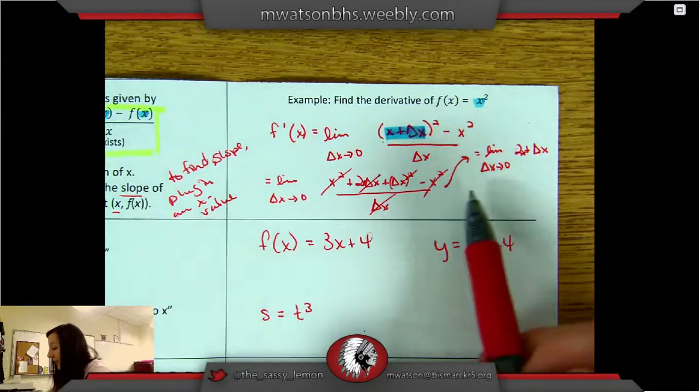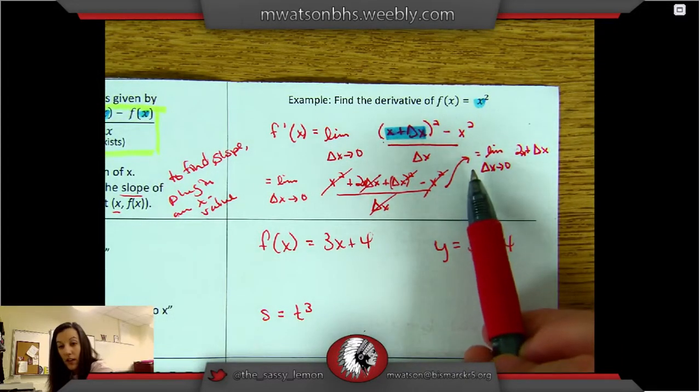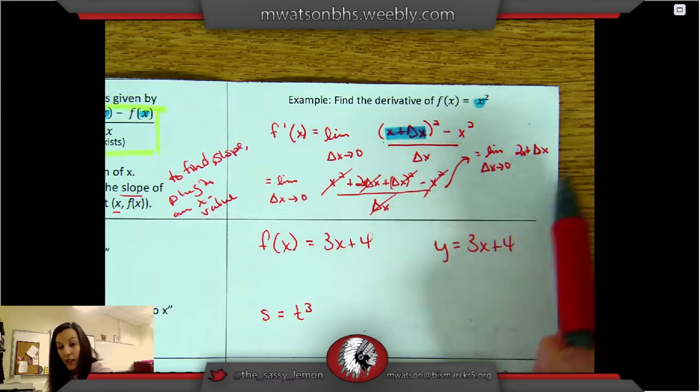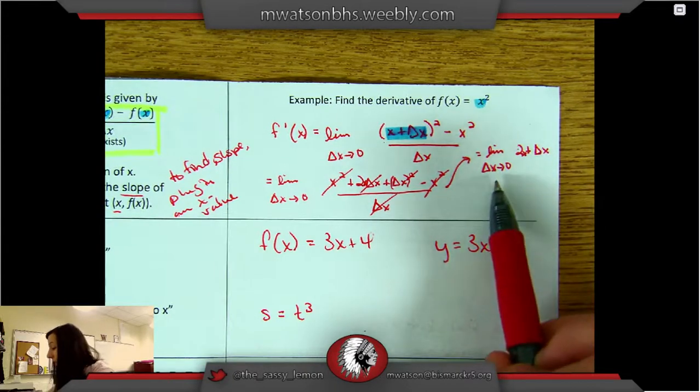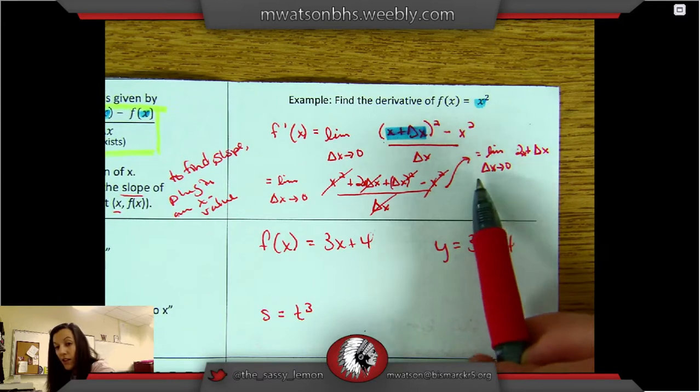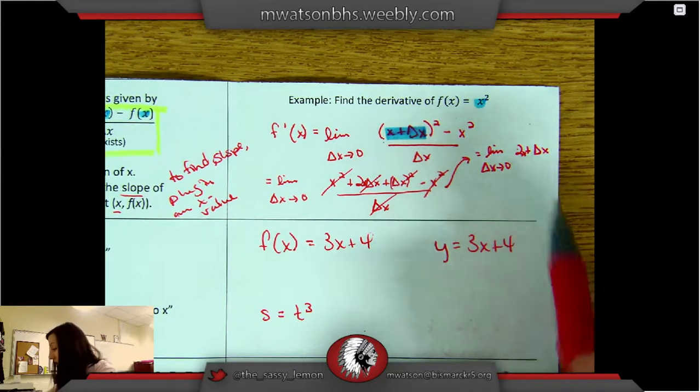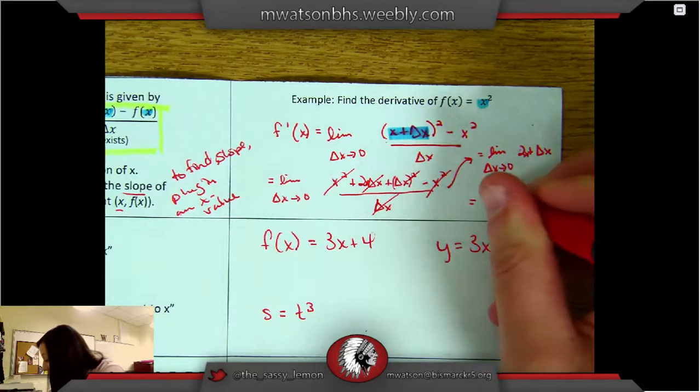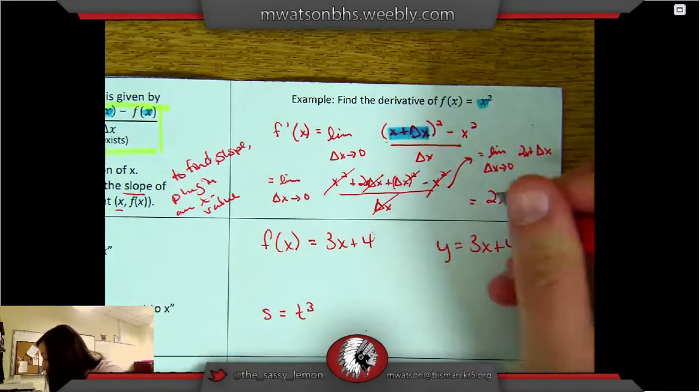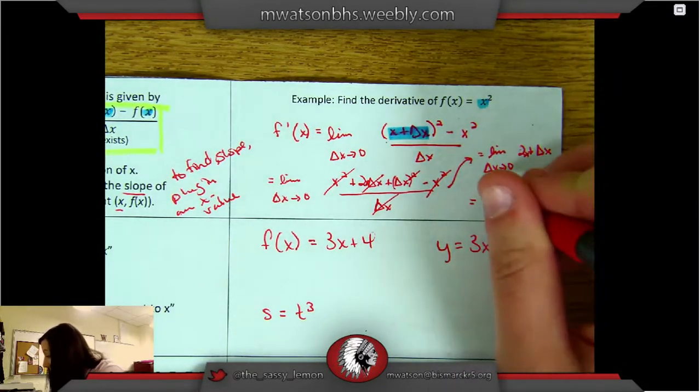And now we're going to actually evaluate our limit. So limits can easily be evaluated or determined by just doing direct substitution. So as delta x approaches 0 means we plug in 0 here, and our limit actually equals 2x. So this here is the derivative.